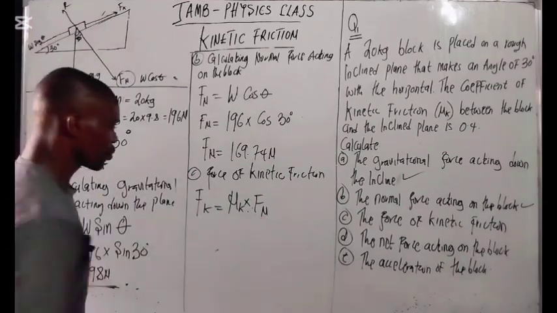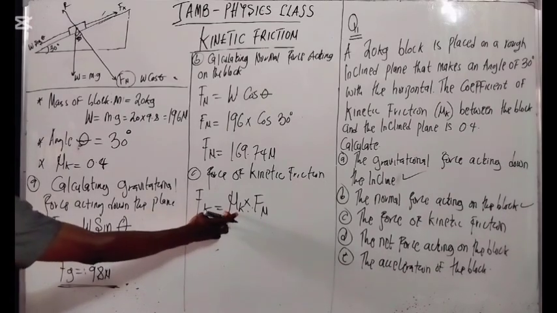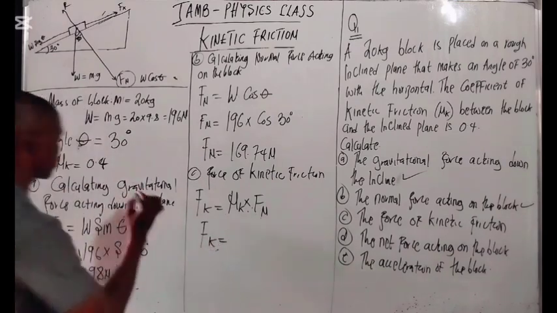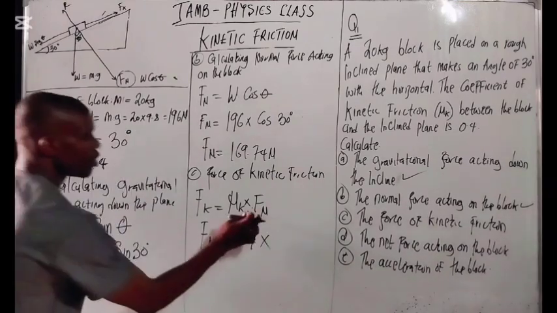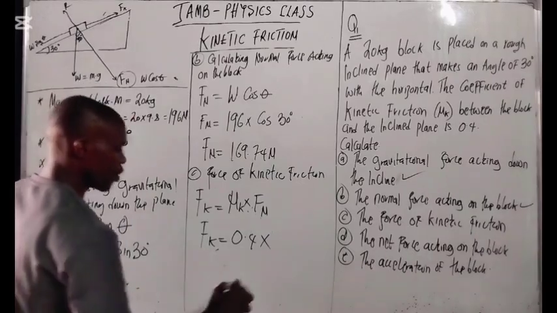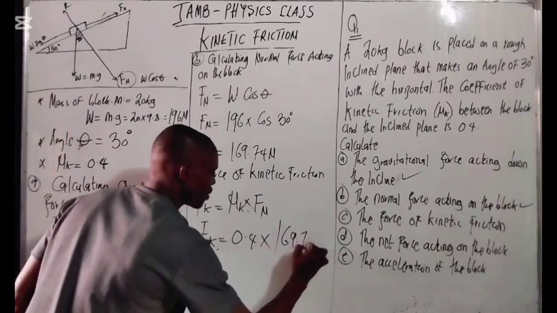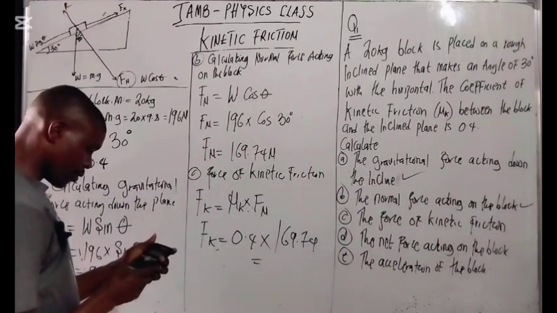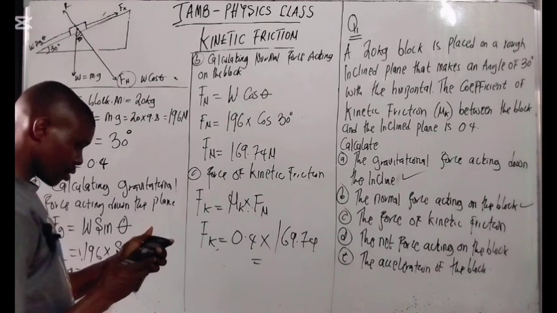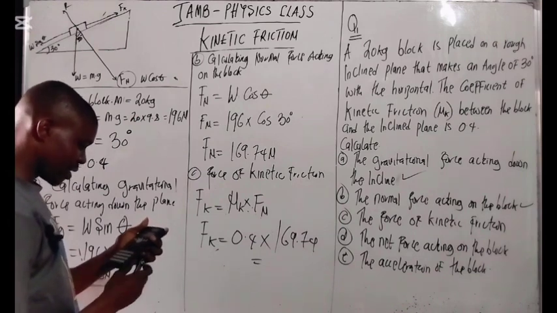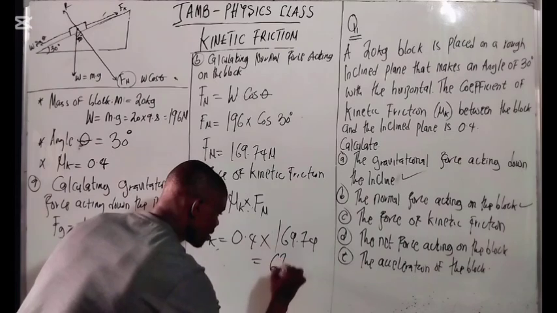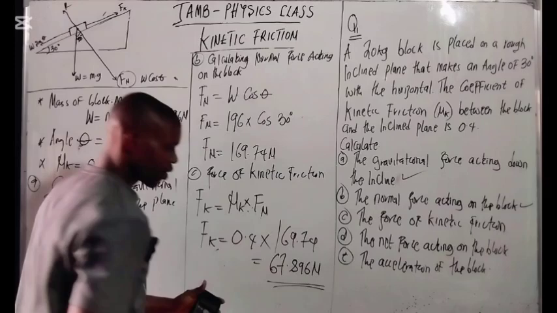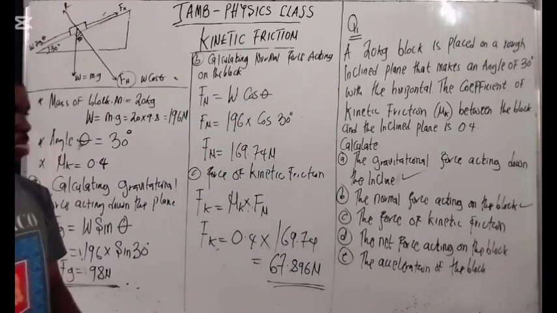My coefficient of kinetic friction here is 0.4, so Fk equals 0.4 times my normal force, which I calculated to be 169.74. So we have 67.896 Newton. Can you see that?